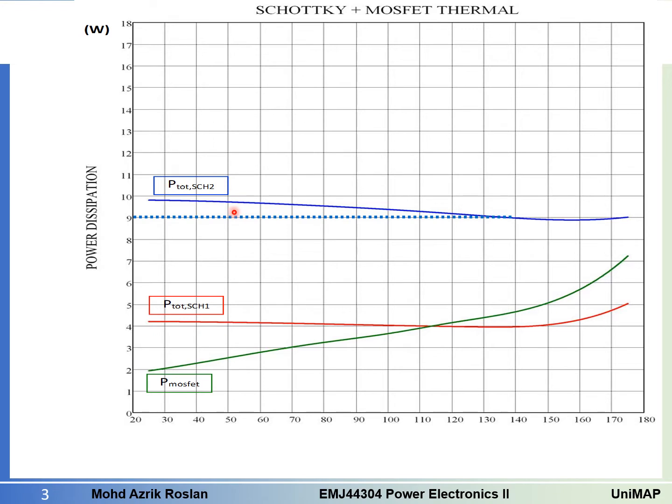In this case we have to find the Schottky 1 boundary temperature, so we have to select this one.